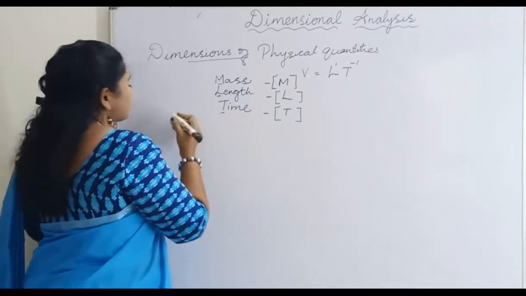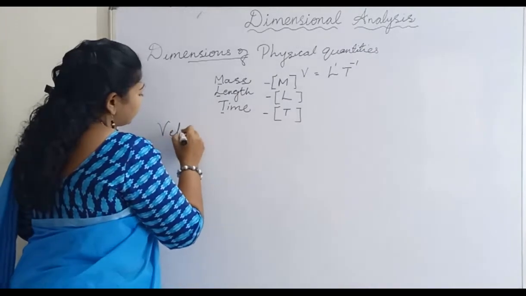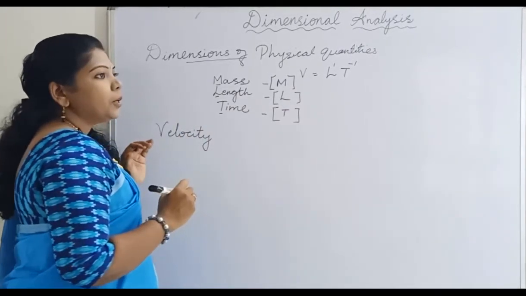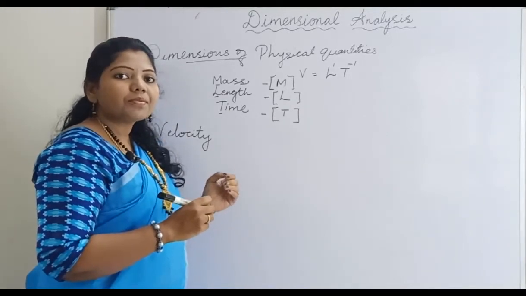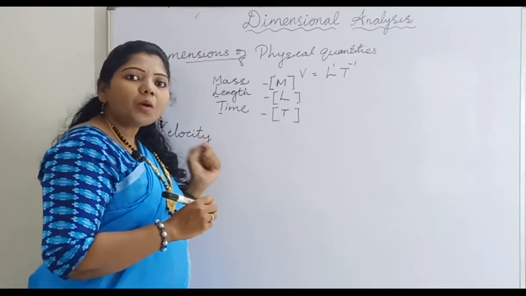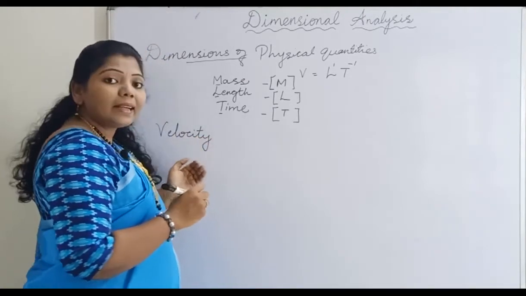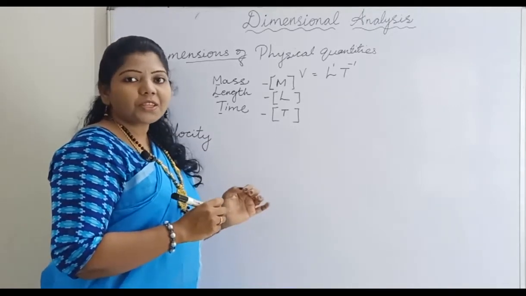First of all, let us find the dimension for velocity. You may be asked in your exam, what is the dimensional formula for velocity? How can we find the dimensional formula? First we have to write the expression for that.